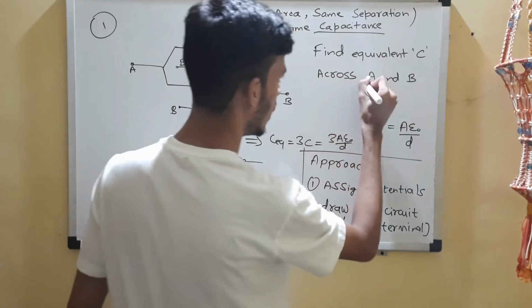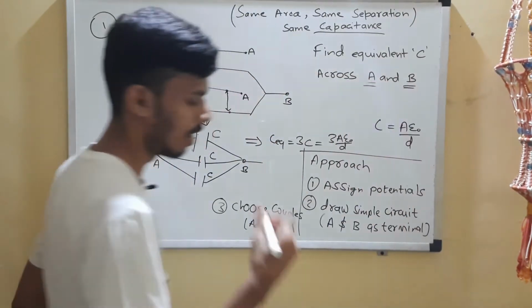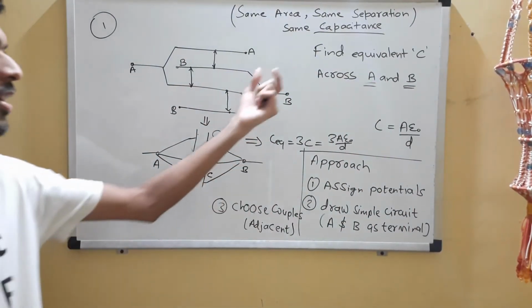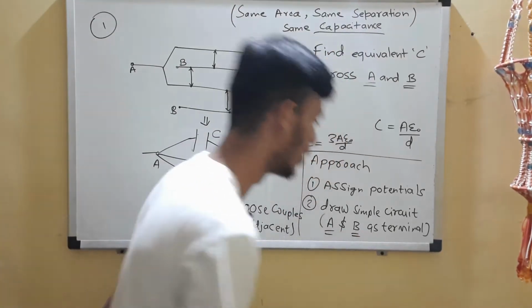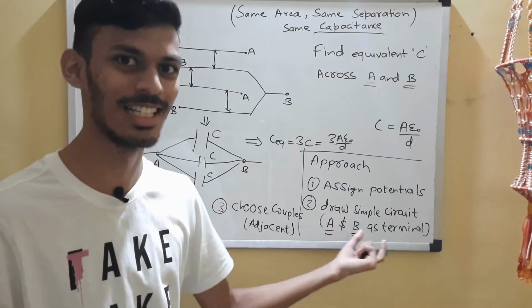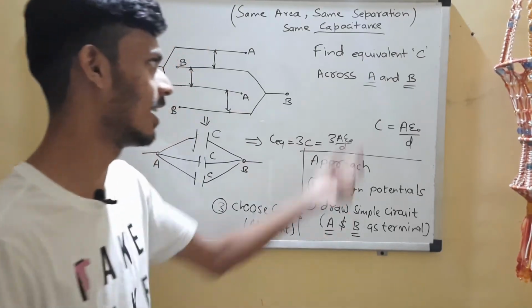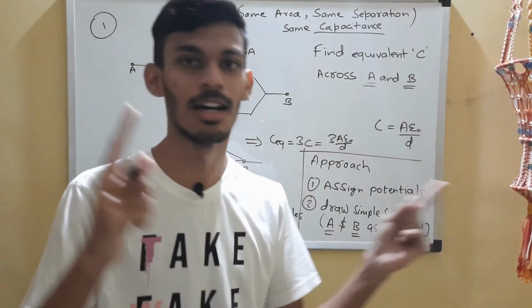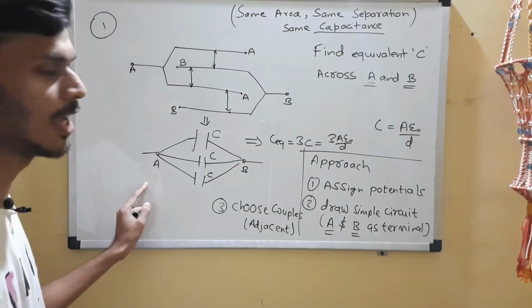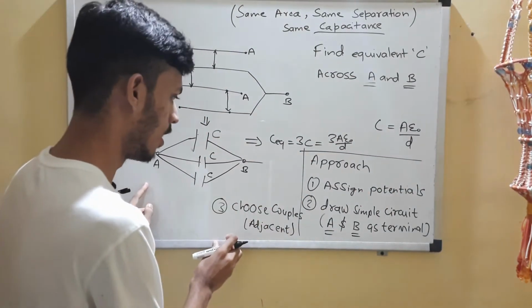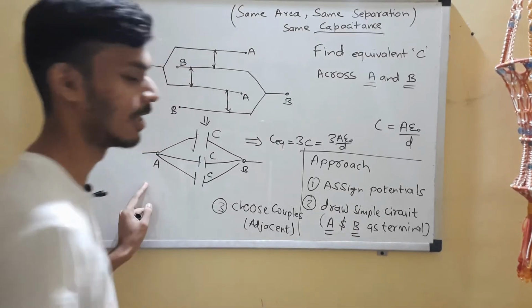Remember that A and B are the points across which you are supposed to find the equivalent capacitance. If the letters are changed over here, think accordingly. Treat these 2 points as terminals. You'll appreciate that more in the next questions. I'll tell you when the terminal idea will be used.